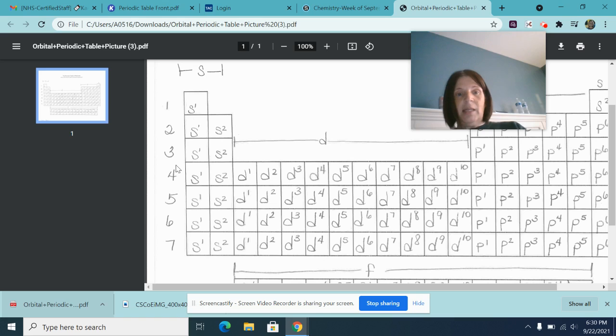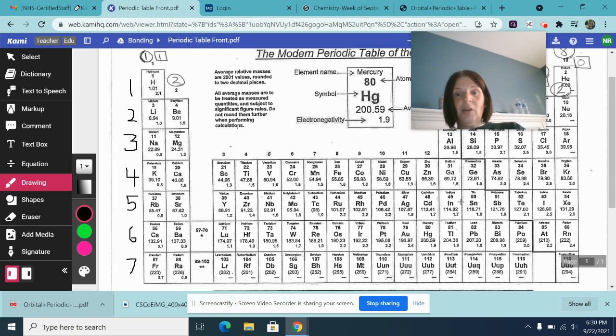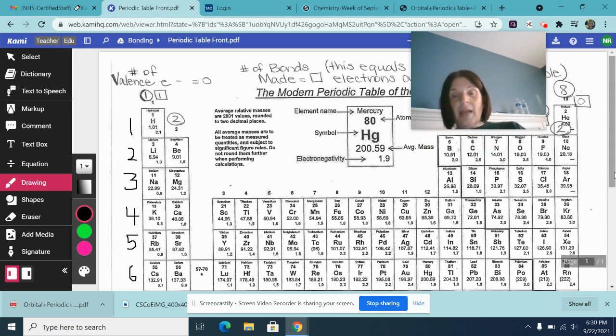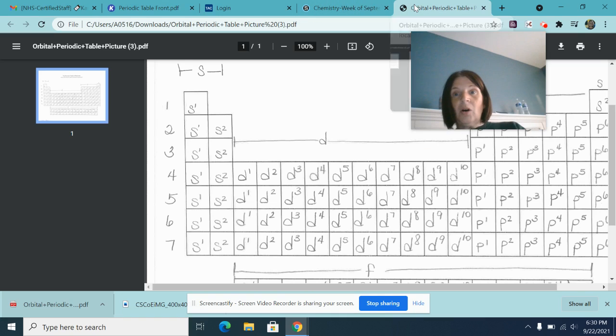Anything in the middle of our periodic table, right here where the transition metals are, from families 3 to 12, would be electrons that we could find in a d sublevel or d orbital, as marked in our orbital periodic table drawing.